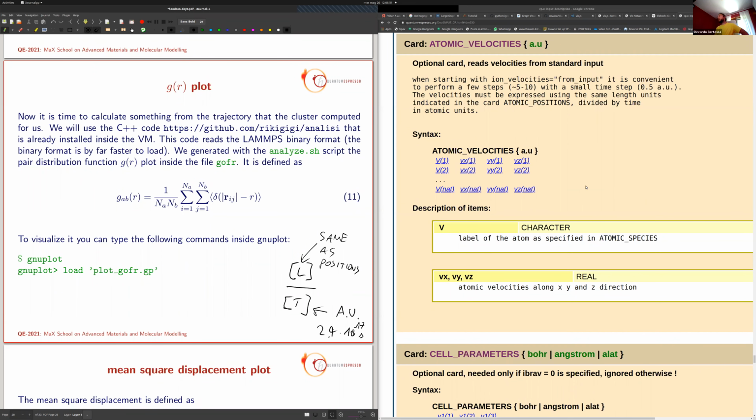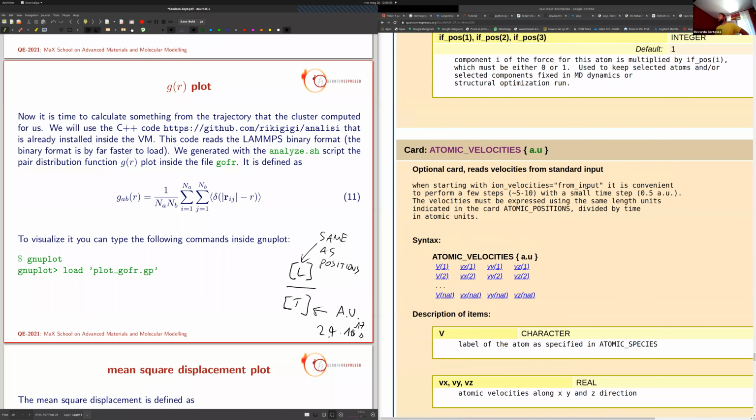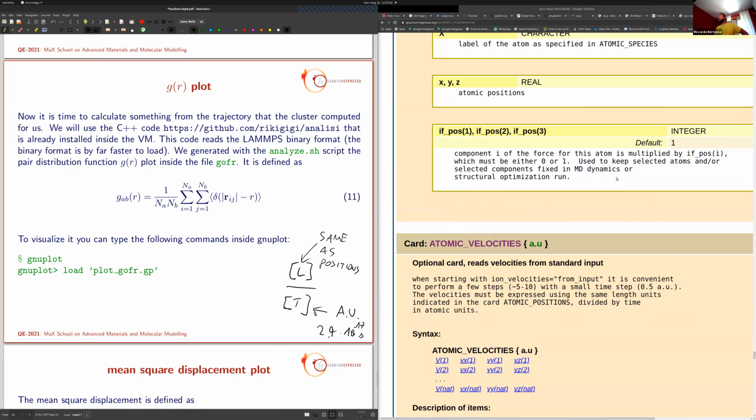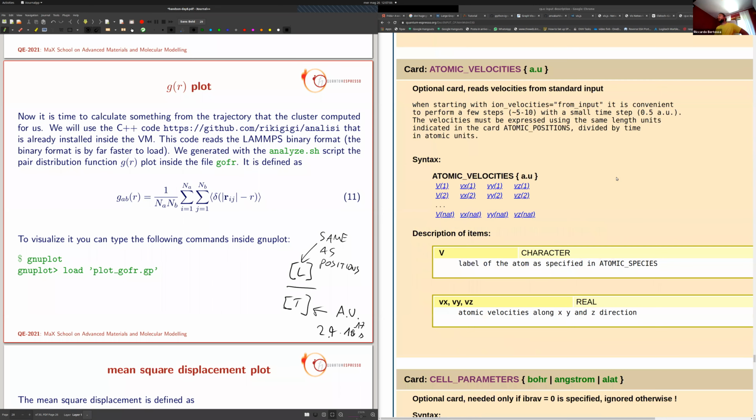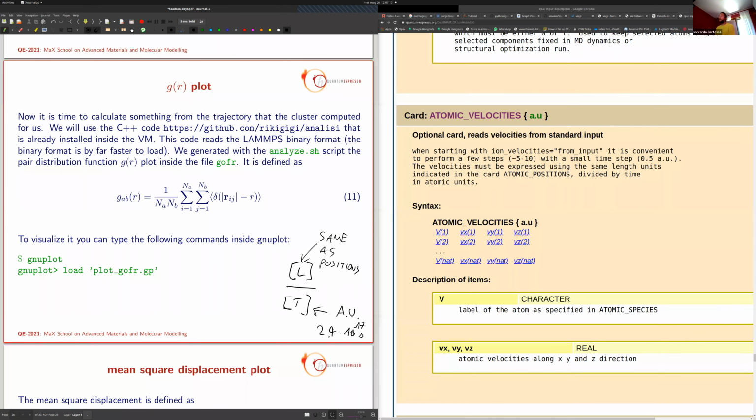So basically you copy the positions and velocities as is, because in the output it is Bohr over atomic units of time, so it is okay. You specify Bohr for the position, and that's it. Then you have to do the computation of the ground state with the conjugate gradient method.